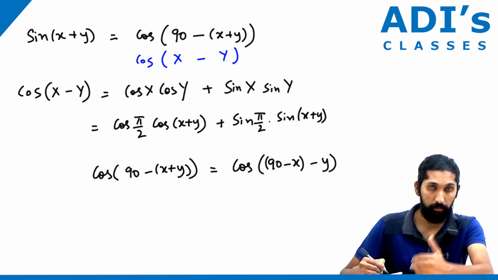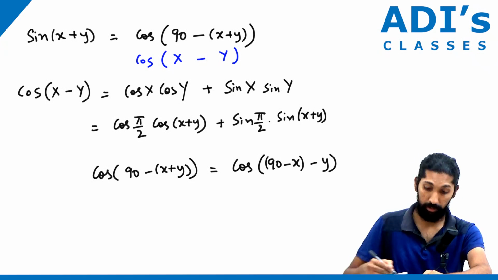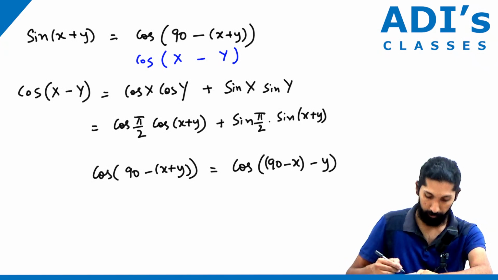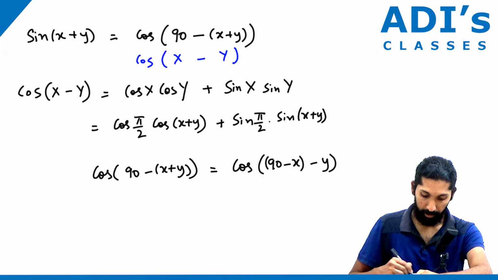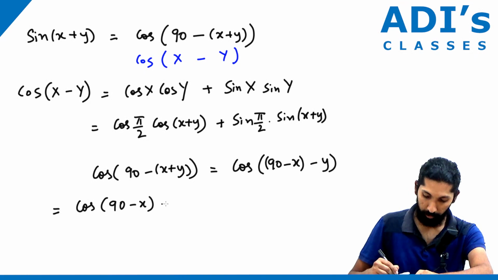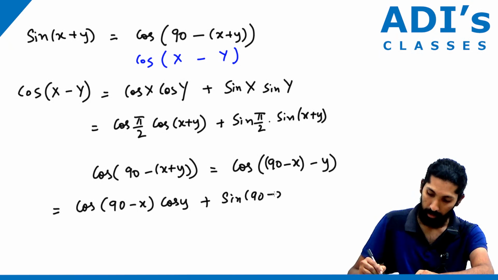Correct? The same thing. Very similar formula. Now, if you apply the formula, the same thing as cos of x minus y, whatever we did before, this will be equal to cos of 90 minus x into cos y plus sine of 90 minus x into sine y.